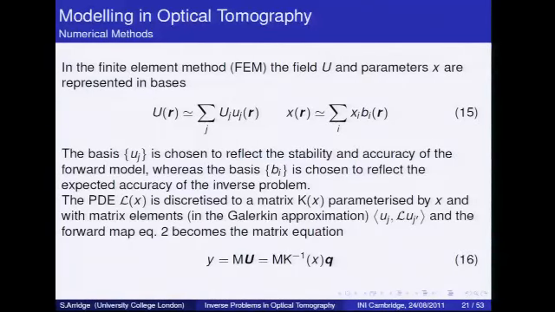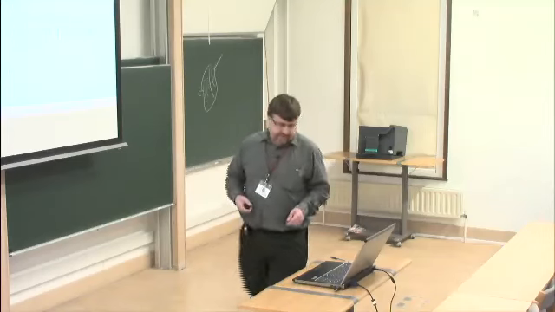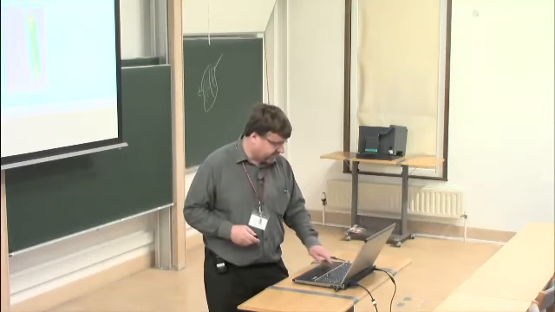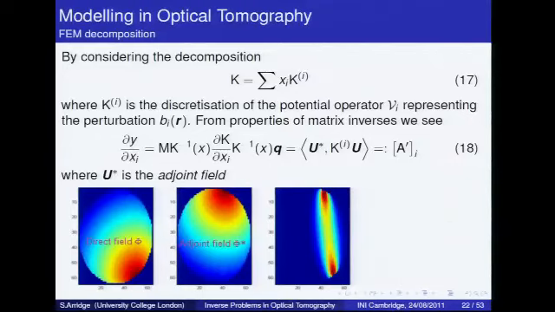So now the operator G is represented as the inverse of a sparse matrix. Q is a vector, and M is a measurement vector. And then we're in the realms of optimization.